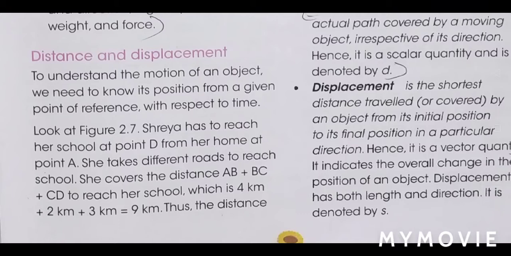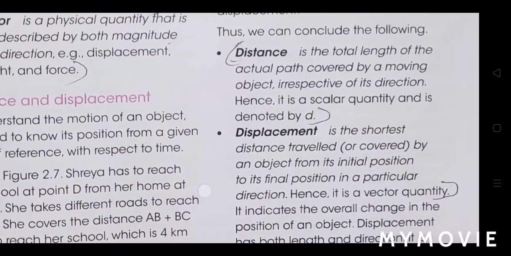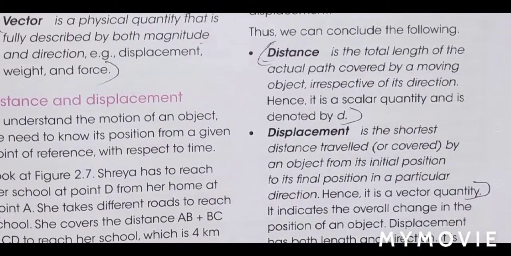That means distance does not depend on the direction. It depends only on its magnitude. So we can say distance is a scalar quantity.